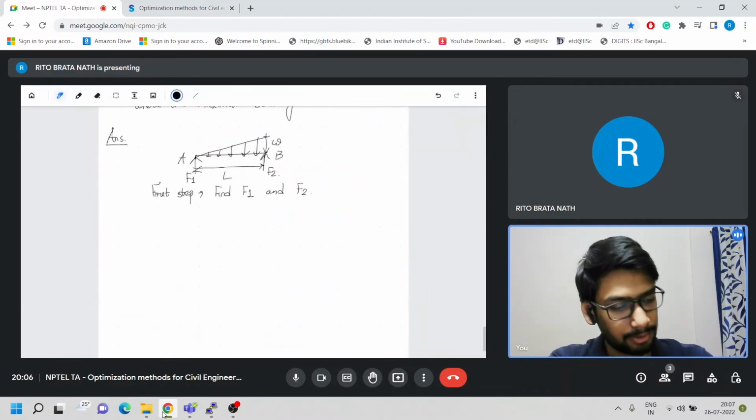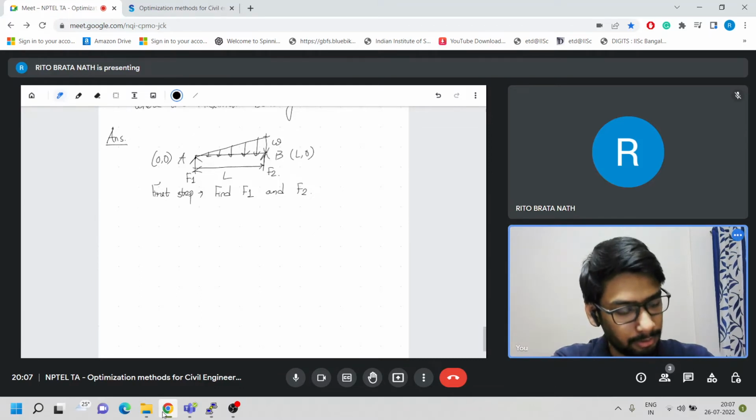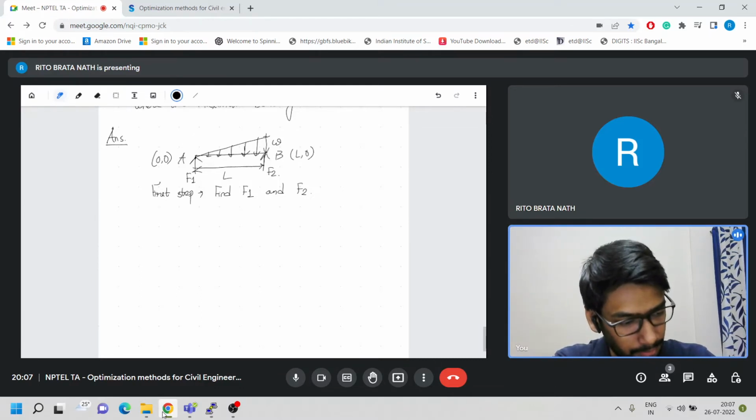let's solve this. So this point A can be named as 0, 0 coordinate. This point B can be named as L, 0 coordinate. And this can be again some L comma W coordinate. So this equivalent force will act at a distance L by 3 from that point.